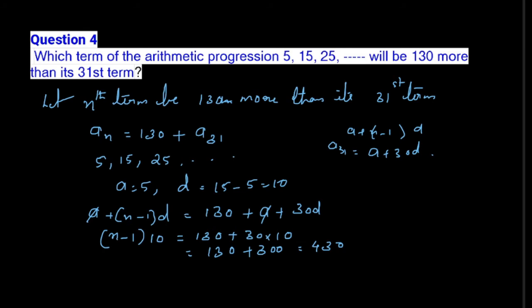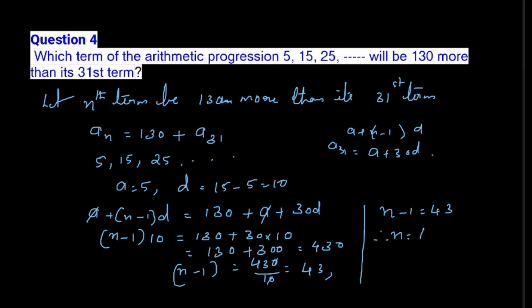So n minus 1 into 10 is equal to 430. So n minus 1 is equal to 430 upon 10. Then the zeros cancel, that is equal to 43, right? So n minus 1 is equal to 43. Therefore n is equal to 43 plus 1 is equal to 44.